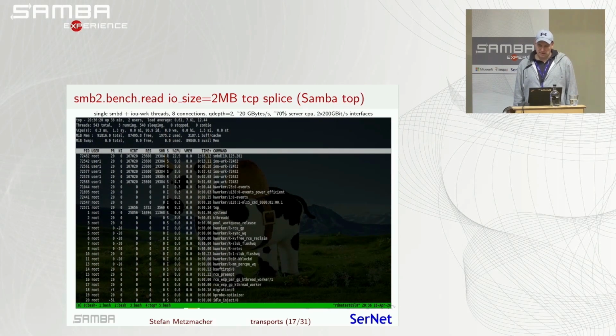But the interesting thing is on the server side, with that we actually only have about 70% server CPU of one CPU.